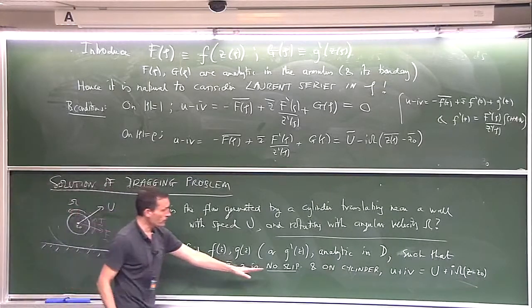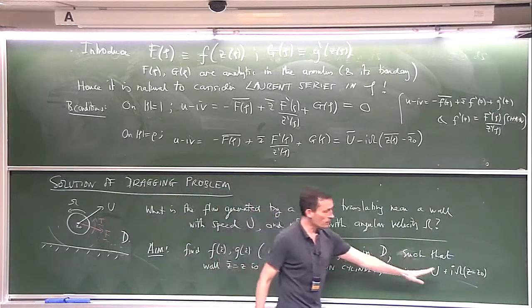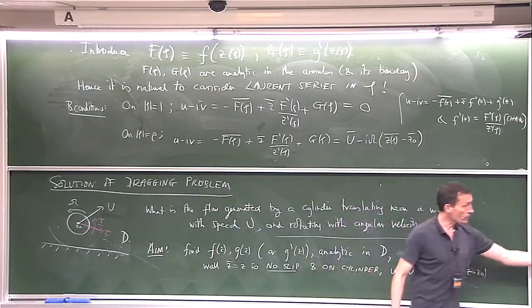I've just used this boundary condition, the no slip on the wall, which is the unit circle, and this condition on the cylinder, which is this rho circle.